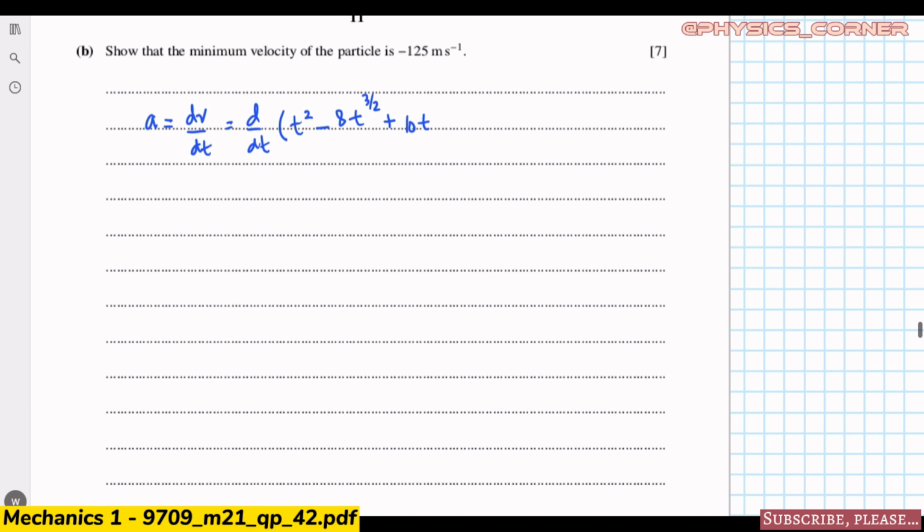Okay, we differentiate this equation. t squared becomes 2t, minus 8 times 3 over 2 is 12, t power one half, then plus 10.